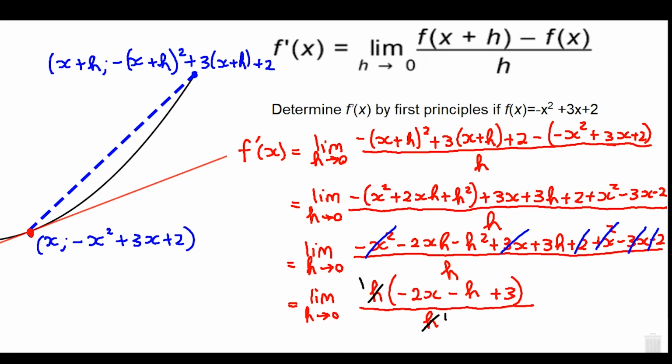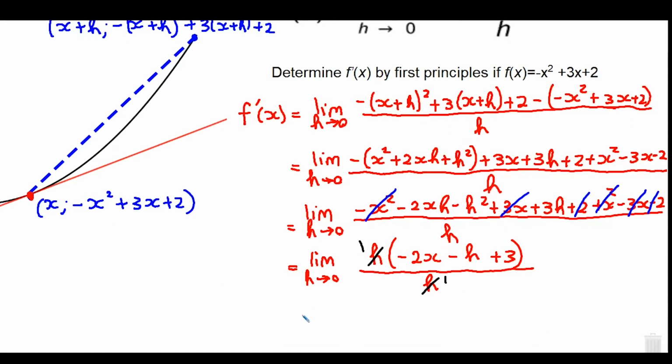So what we've now got is the limit as h approaches 0 of negative 2x minus h plus 3. Now, as h gets very, very small, this limit will just start to look like minus 2x plus 3.